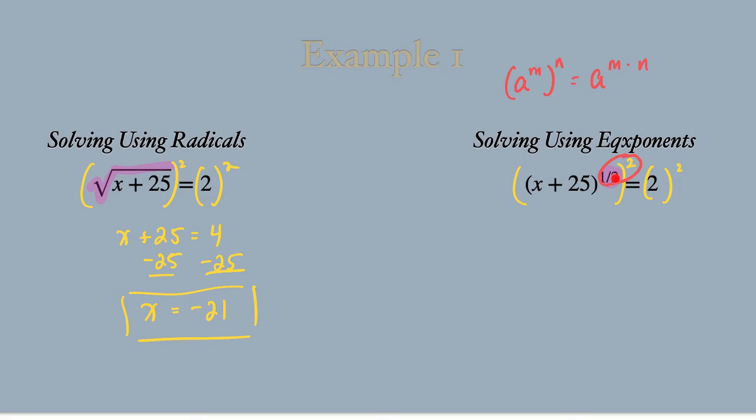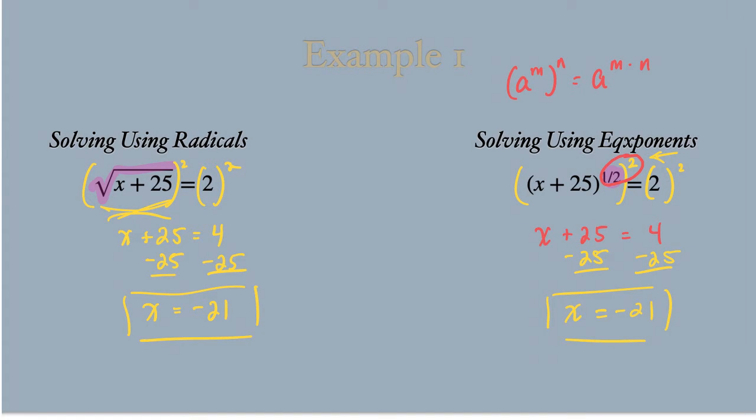So it's a multiplication of a half times 2. Well, half of 2 is just 1, so it's x plus 25 to the first. We just don't show 1s as exponents. Equals 4, 2 squared, and then we'll subtract our 25. And so x equals negative 21 again. So on the left-hand side, we did it with radicals. On the right-hand side, we did it with exponents.